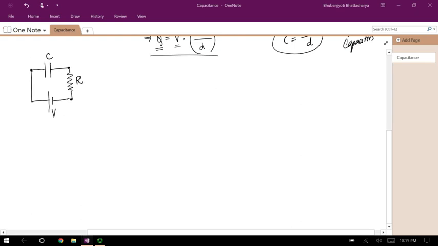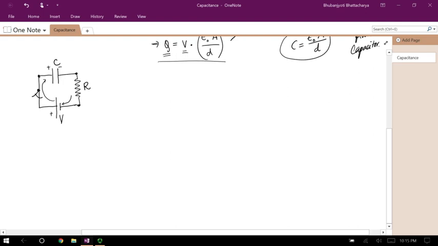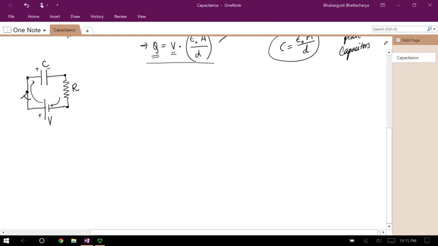In order to do that, we have to remember that when the capacitor is charging, at the very beginning, let's say I have a switch over here that I connect to close the circuit, then charge is going to start flowing from the positive end of the battery and accumulating on the positive plate of the capacitor. And how's that going to work? Well, if the battery is sending some current out, it's also getting some current in. So that's going to make a negative charge on the other plate of the capacitor. That's how it's going to work.